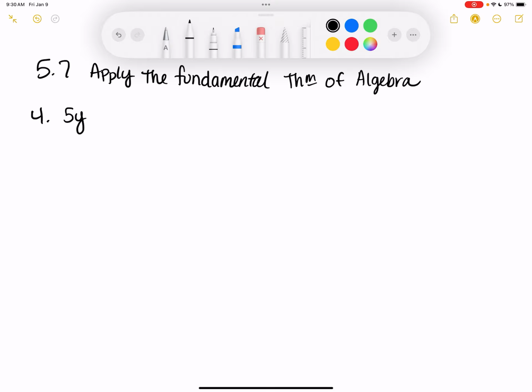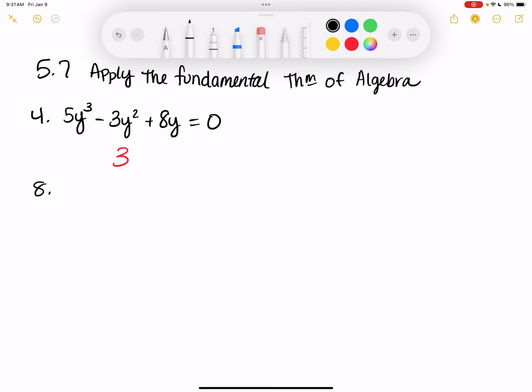Okay. 5y cubed minus 3y squared plus 8y equals 0. So it wants us to say how many solutions or zeros there are. 3. Whatever the highest power term is, that's the maximum number we could have. It doesn't mean we'll see them all, but that's the maximum number we could potentially have.